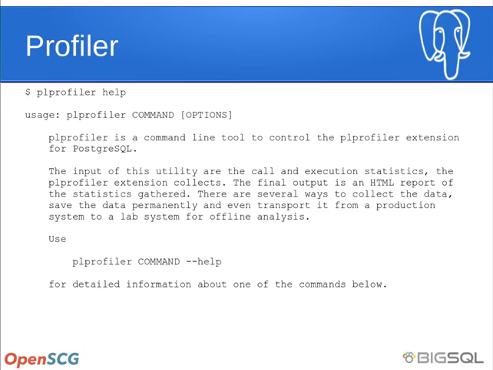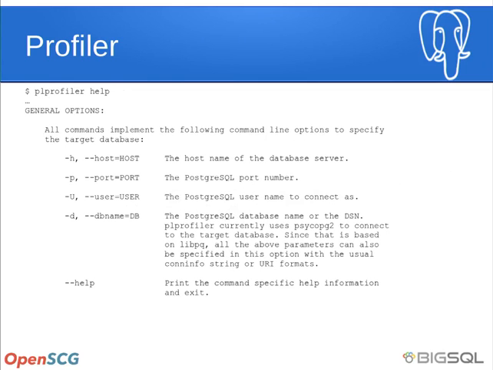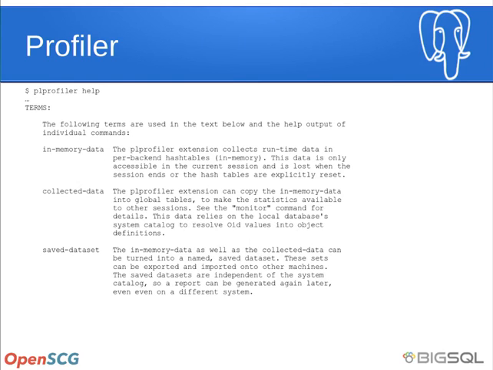It allows you to run profiling of your database code from the command line. It has the normal options that you would expect with Postgres to be able to connect at the command line, the -h, -u, -d. But you have these other ones here for in-memory data, or whether you want to persist it over time.